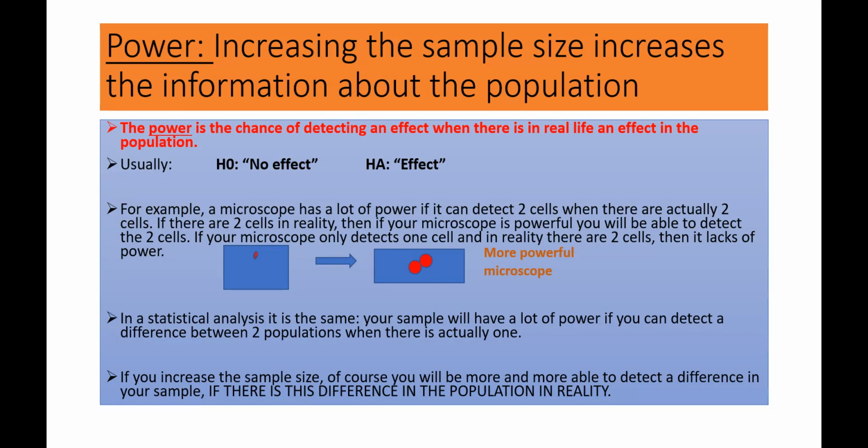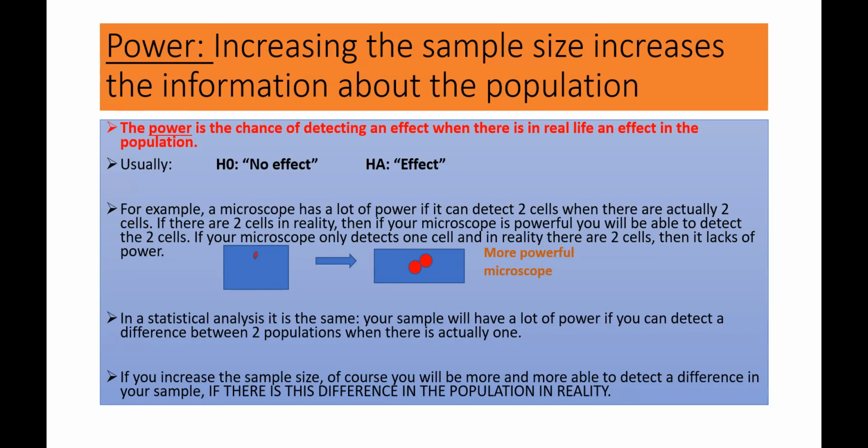The probability of making that type 2 error is beta: the maximum chance allowed to take, to not reject H0 when it is actually false. Sorry. Power is the chance of detecting an effect when there is in real life an effect in the population.